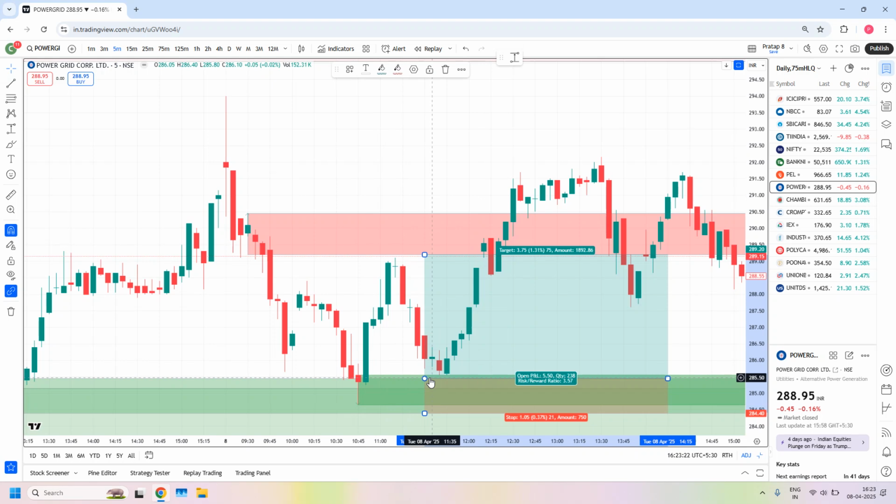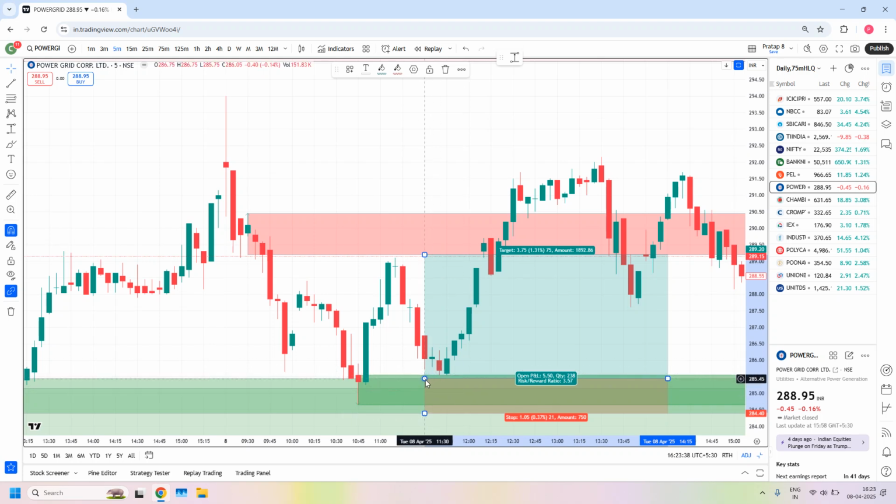But if you add that extra 10 paisa, risk is going beyond 2%, maybe 2.1% something, or 2.08 or 09, or close to 2.1% risk we are getting.